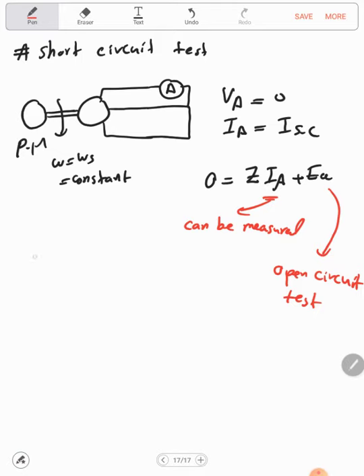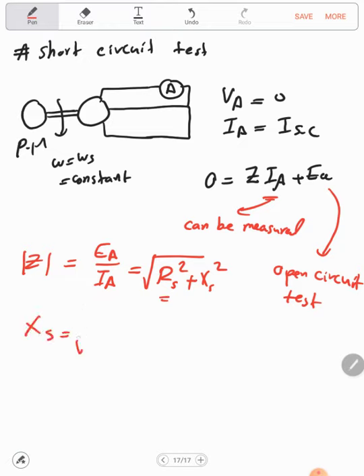So Z as a magnitude will equal EA over IA, and this will equal the square root of RS squared plus XS squared. So we need to find RS in order to find XS. So XS will equal the square root of Z squared minus RS squared.